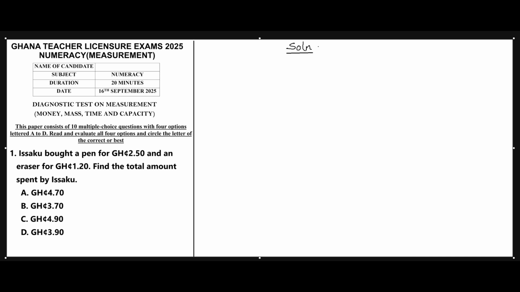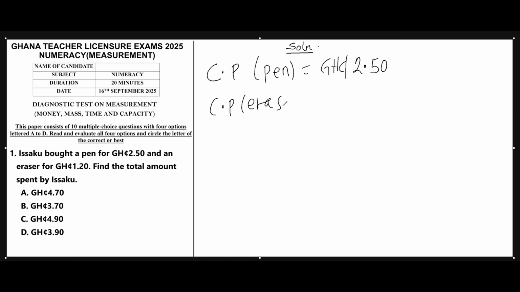Isaku bought a pen for 2 Ghana cedis 50 pesos and an eraser for 1 Ghana cedi 20 pesos. So we have the cost price of a pen, that is 2 Ghana cedis 50 pesos. We also have the cost of an eraser, that was giving us 1 Ghana cedi 20 pesos.